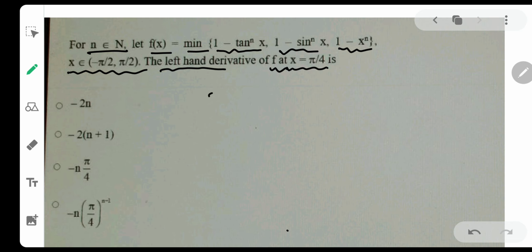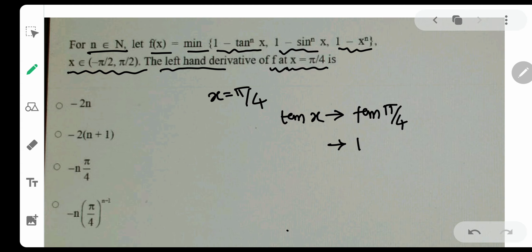Now let us say x is approaching pi by 4. So what will be tan of x? It will be tending to tan of pi by 4 from the left hand side, which is tending to 1. So we have 1 minus a value tending to 1, raised to n.